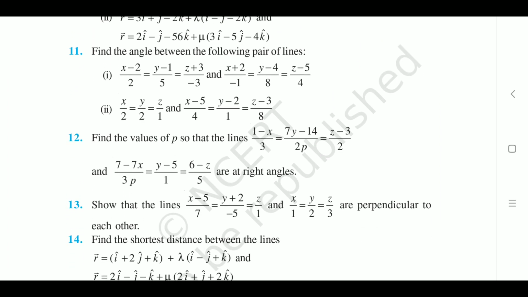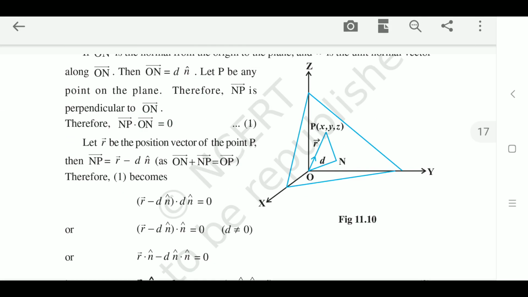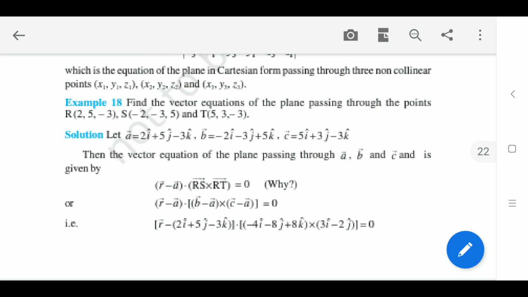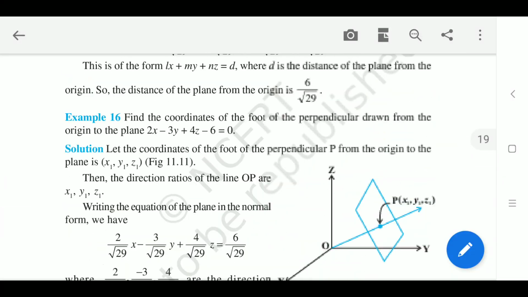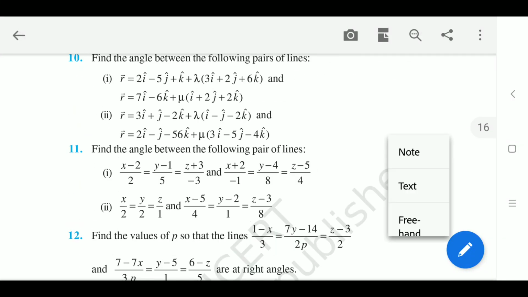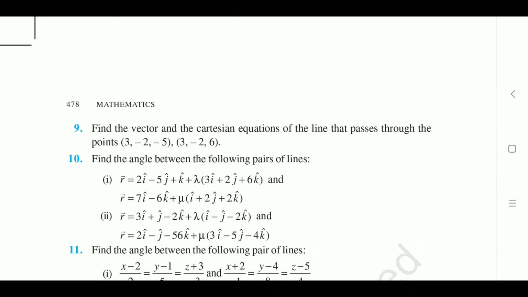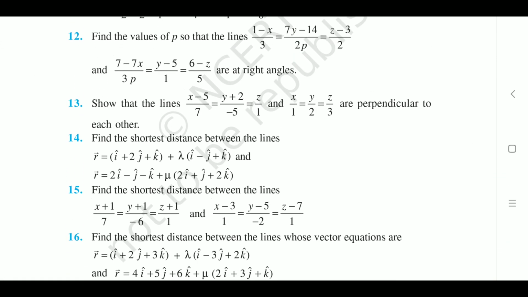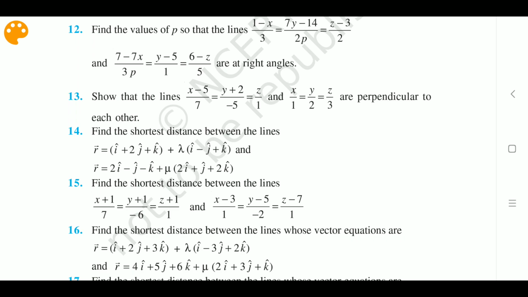Next, again a similar question you will always do. Now question number 12. We have to find out the value of P so that this line and this line are at right angle.